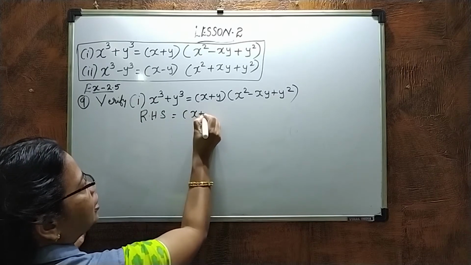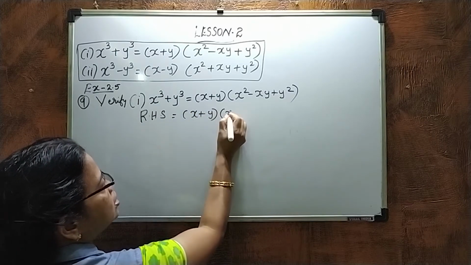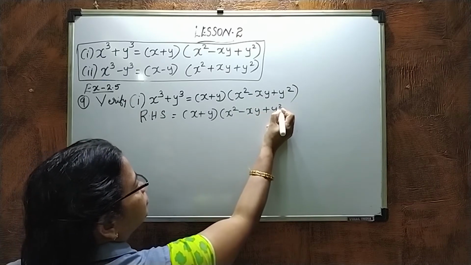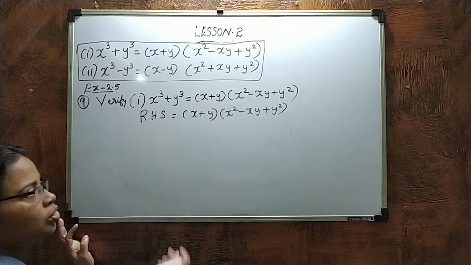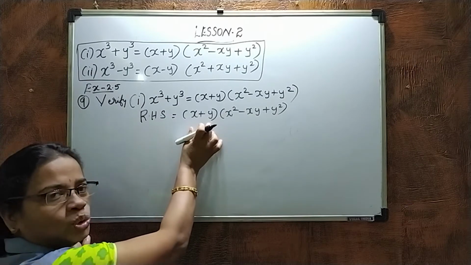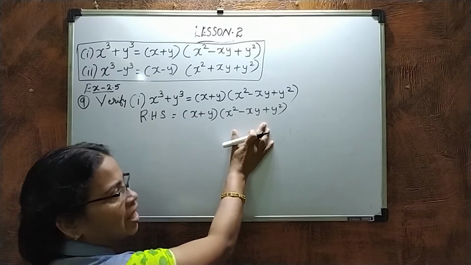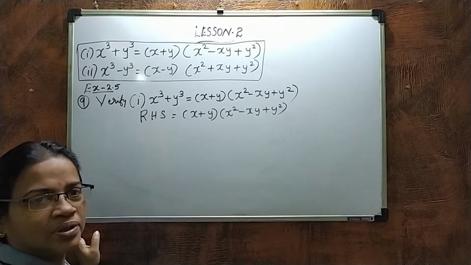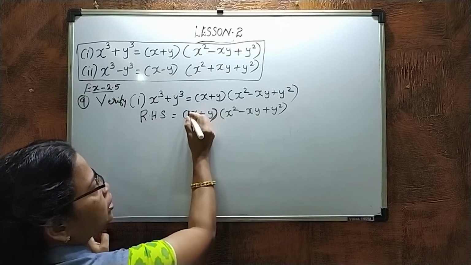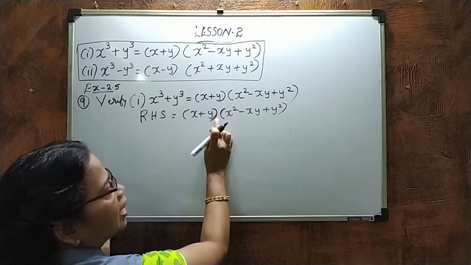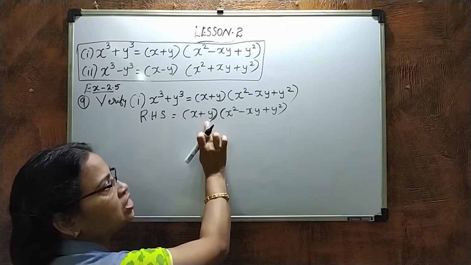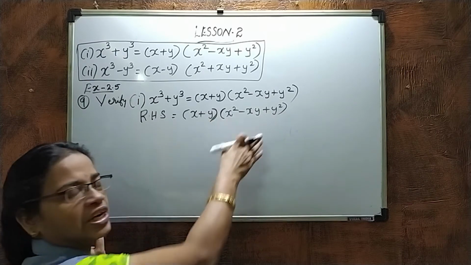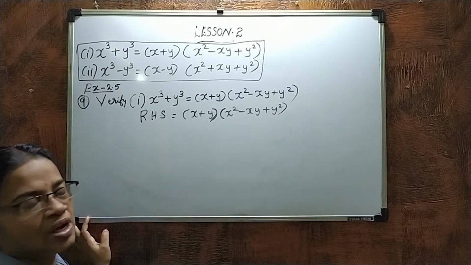So RHS is equal to x plus y into x square minus xy plus y square. Now look, in the first bracket only two terms are there. In the second bracket there are three terms: 1, 2, 3. Here both the brackets are there and it means these two terms should be multiplied with the terms in the second bracket.